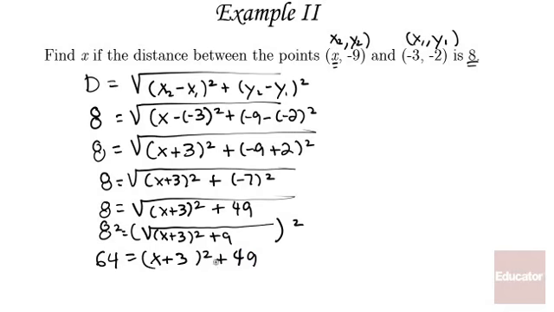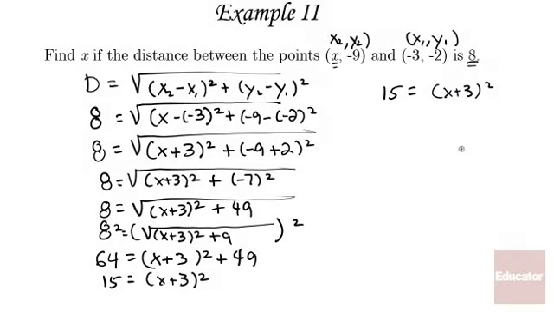Simplifying this by subtracting 49 from both sides to get 15. Coming up here to continue the problem, 15 equals x plus 3 squared.